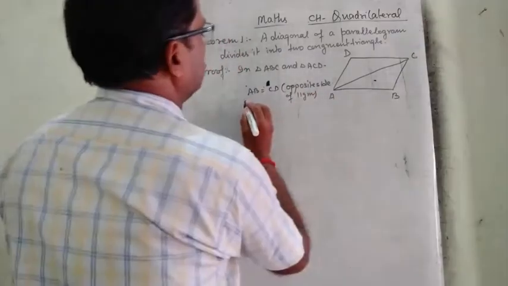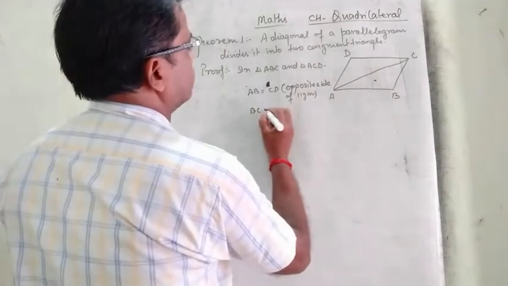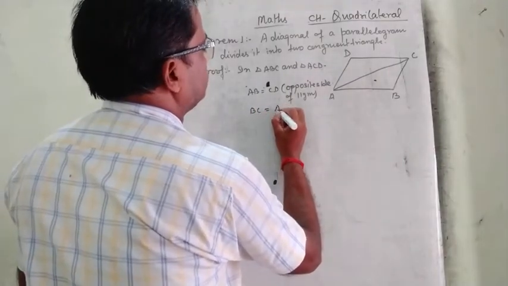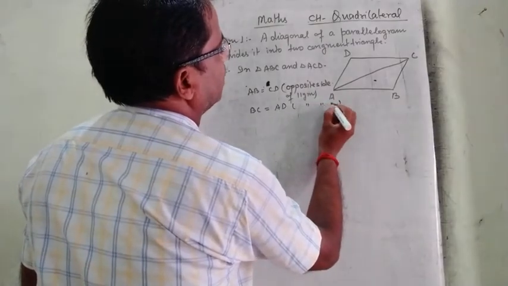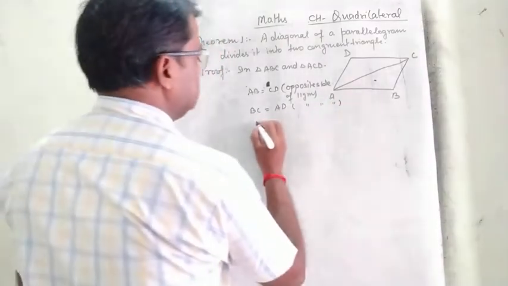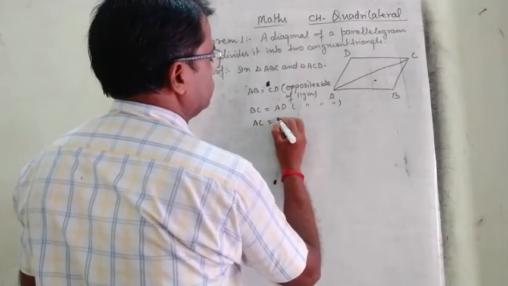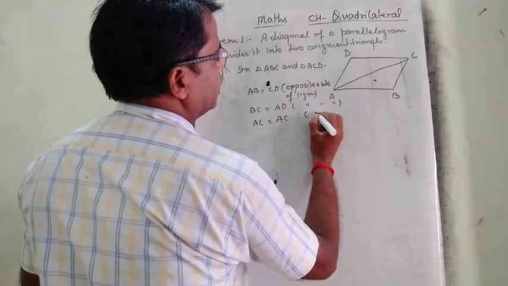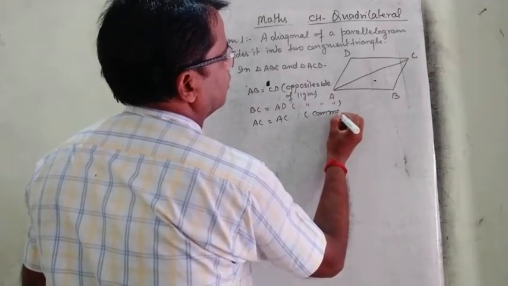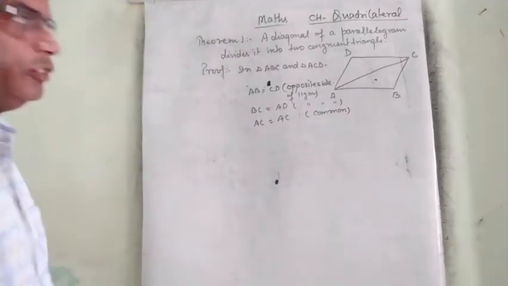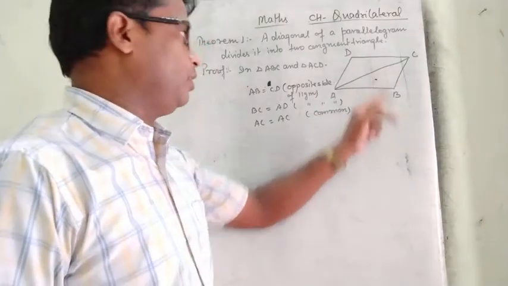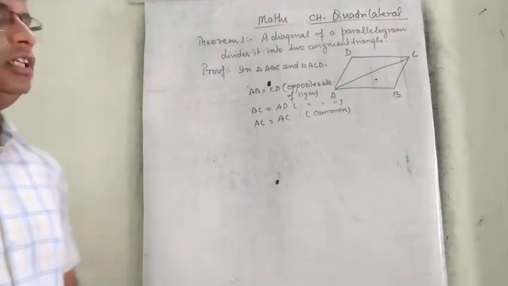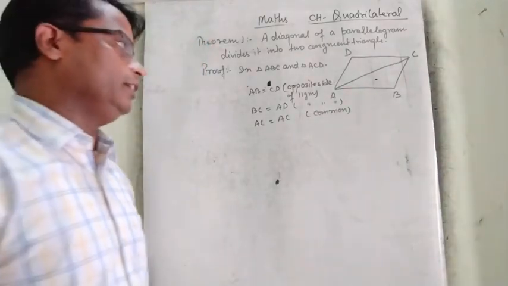Second, BC is equal to AD, here also the same reason, opposite sides of a parallelogram. AC is common, AC is equal to AC. Then in these two triangles I have shown three congruent parts.